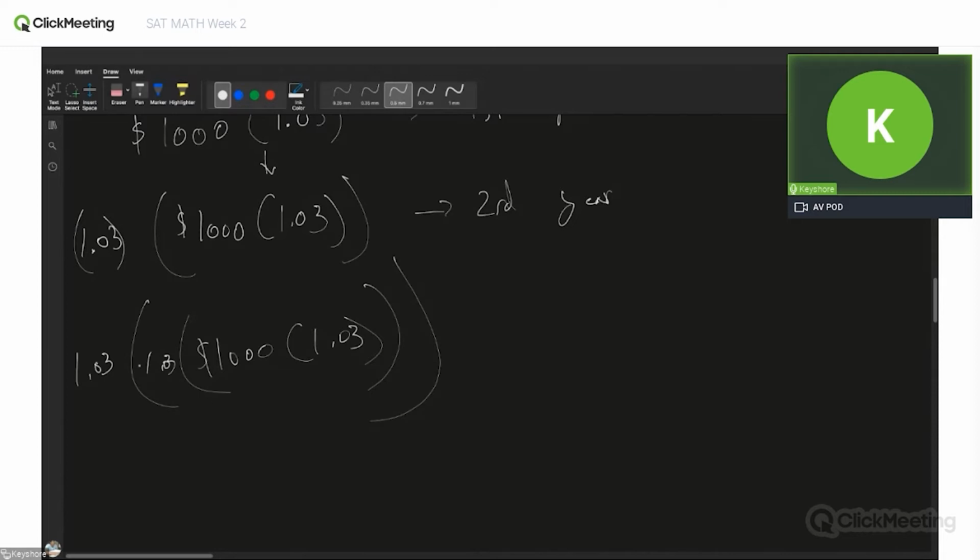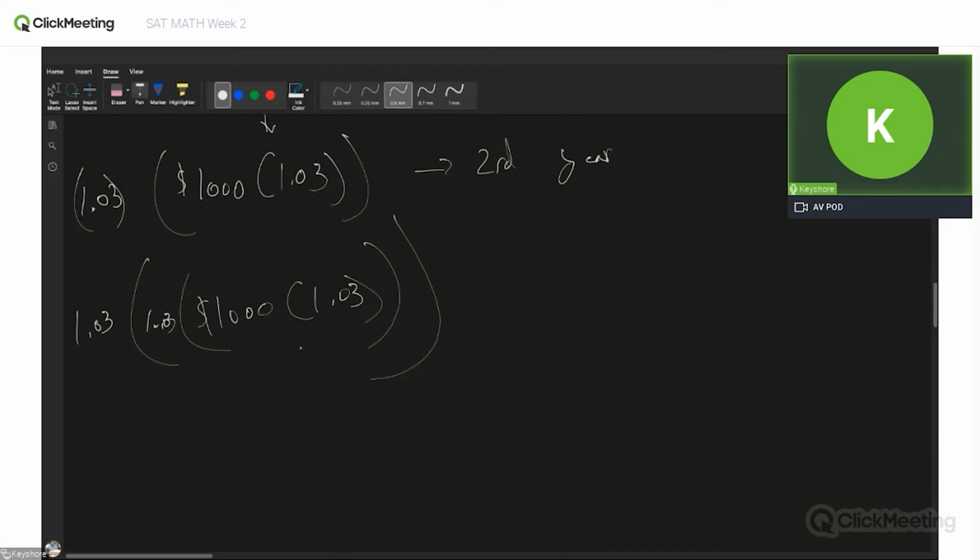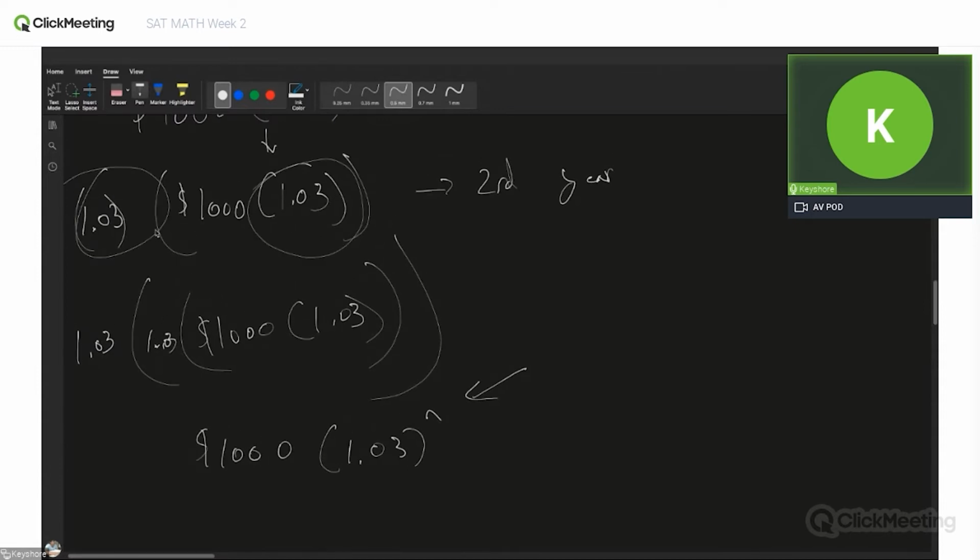If you see a pattern, the pattern is that for each year I add on, it's 1,000 times 1 plus r to the n. In our case, r is 0.03, and this entire thing is just written as 1.03 to the power of n. If it's the second year, we plug in a 2 here because we've got 2 of these being multiplied. If it's the third year, it's 3 of these.